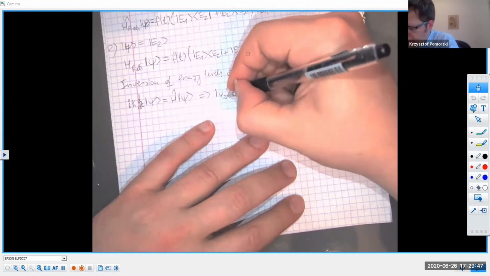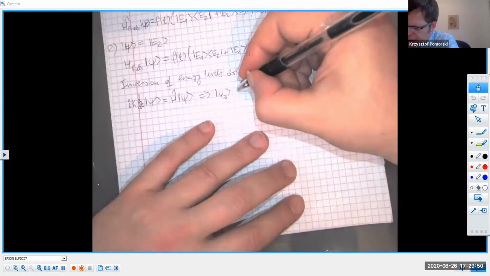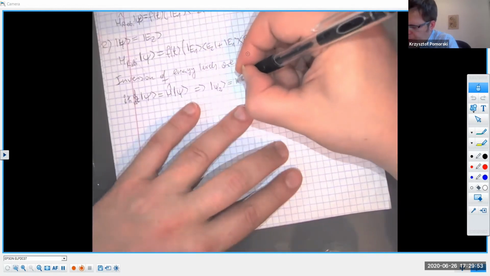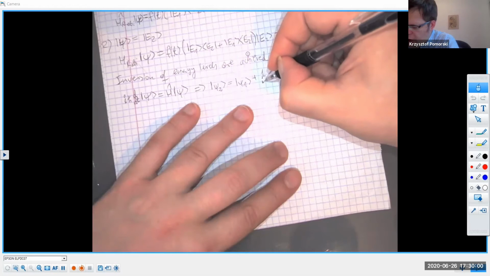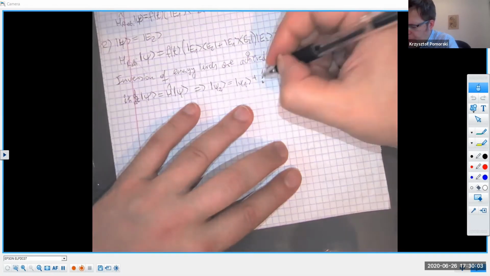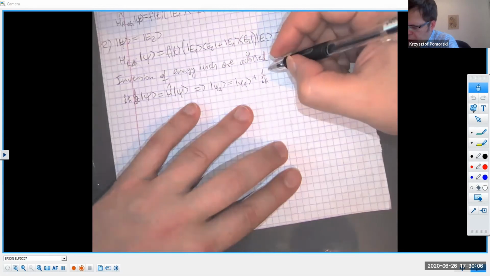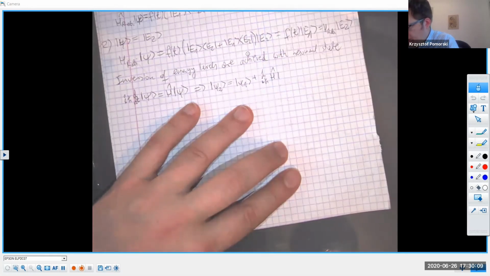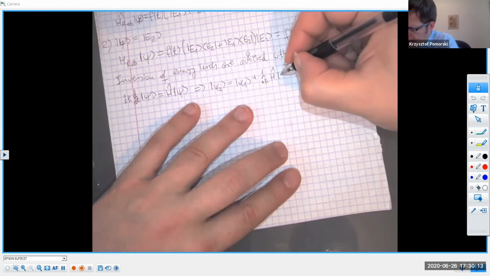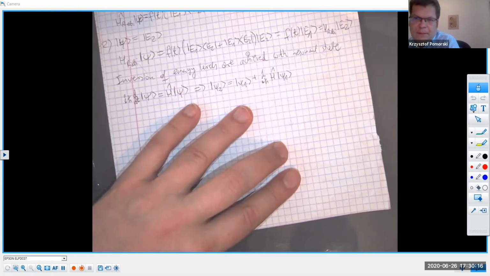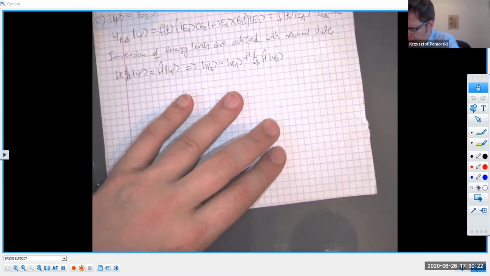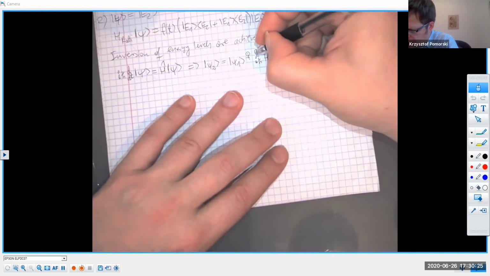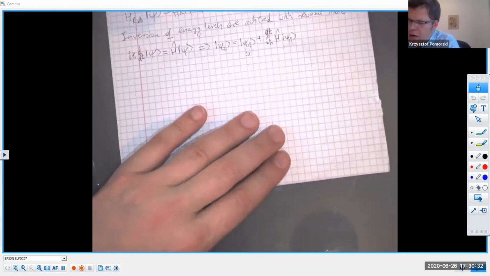So at time 2 it is, and then there is 1 over h, and there is this quantum state at 1, and there is dt, right?